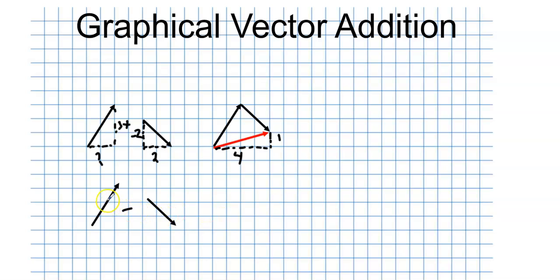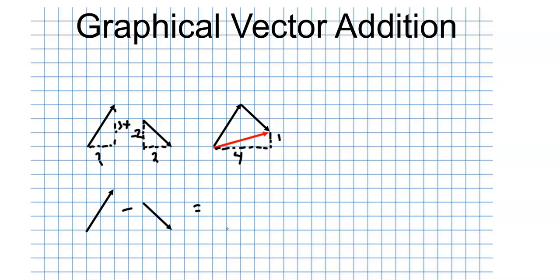I need to get those where they're lined up still. Alright, when you subtract a vector, you reverse the direction completely by 180 degrees.